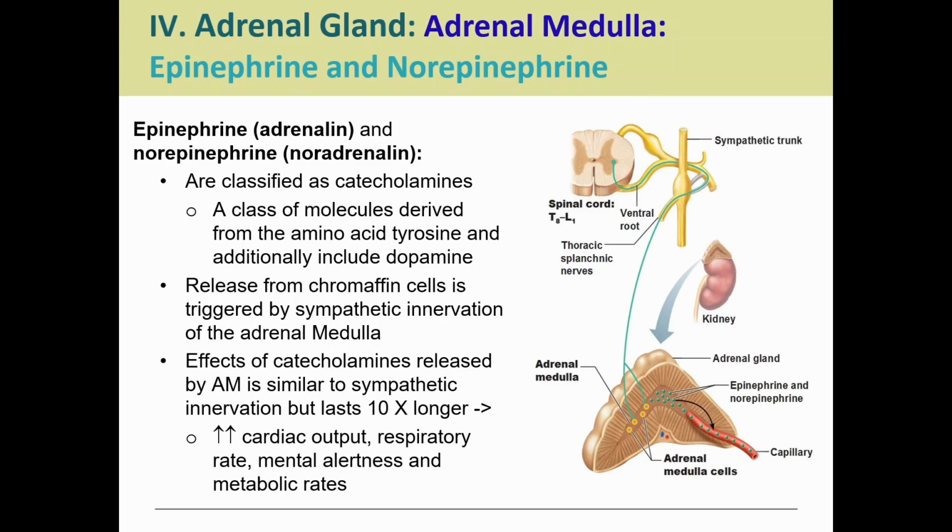Our metabolic rates are going to increase, in that we're going to be prepared to use up resources very quickly. Things like digestion are going to be downplayed since we don't necessarily need that function occurring in that moment, right? We're just really worried about immediate survival.